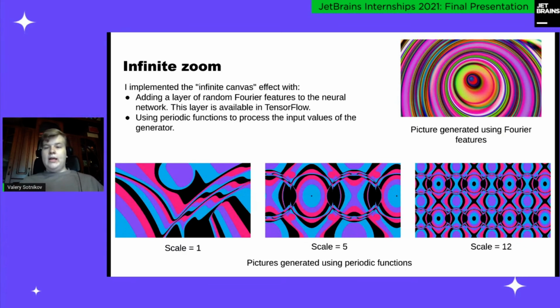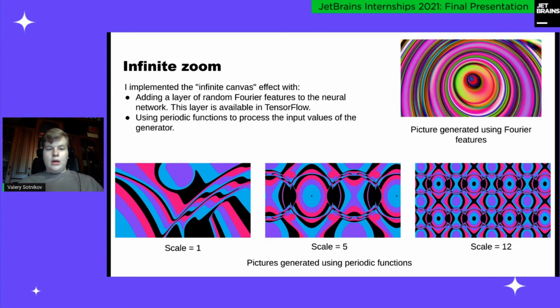To achieve the infinity canvas effect, a layer of random Fourier features was added to the neural network. This layer is available in TensorFlow. I also added the ability to use periodic functions to process the input values of the generator. This solution makes it possible to fill the entire canvas with the pattern.